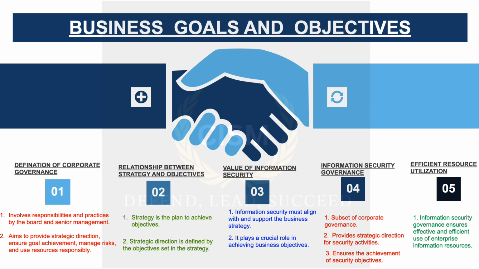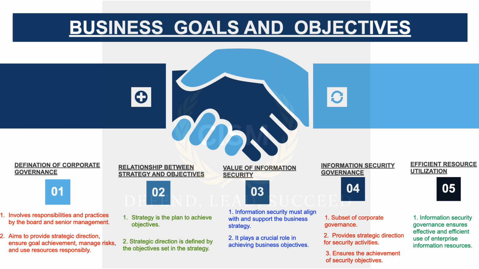By providing a structured framework for managing and protecting information assets, it ensures that resources are deployed effectively to safeguard against security threats. This strategic approach not only enhances security but also optimizes the use of organizational resources, aligning them with the overall objective of the enterprise.